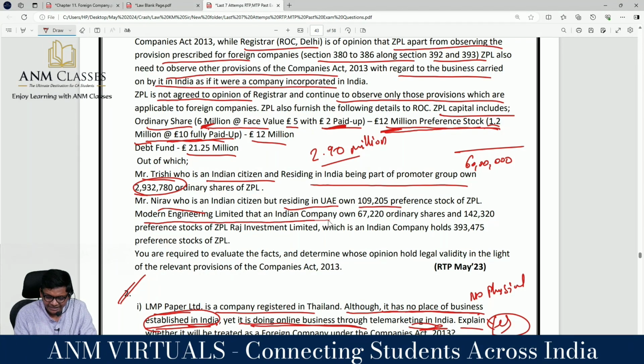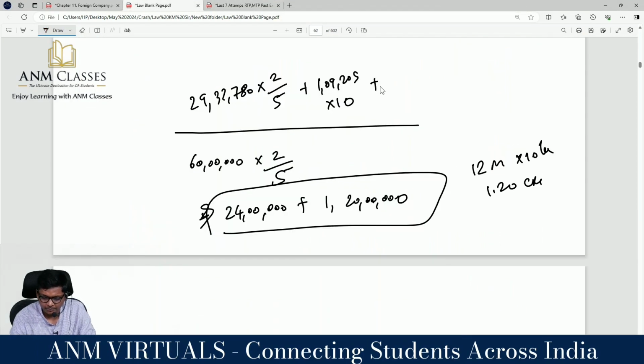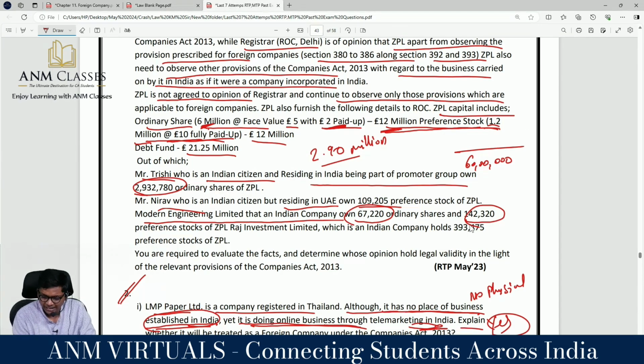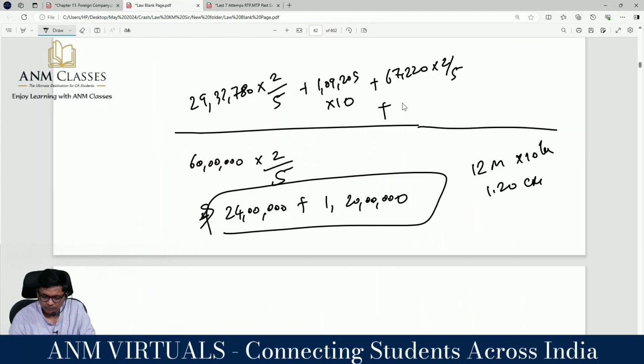Modern Engineering, that Indian company, owns 67,220 shares and 1 lakh 42,000 preference shares. So 67,220 will again become 67,220 into 2 by 5. And they own preference of 1,42,320. This will be full into 10, correct?